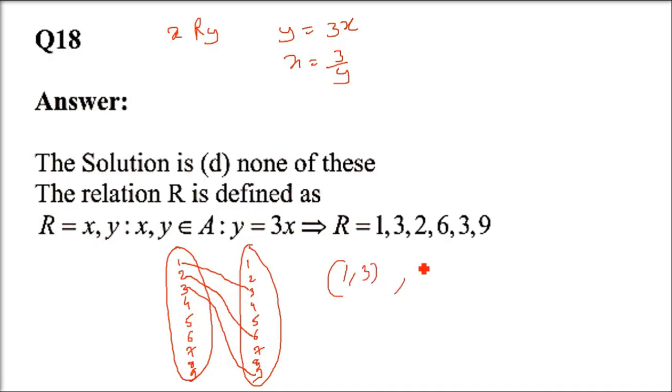So the ordered pairs are 1 comma 3, 2 comma 6, and 3 comma 9. So D is the answer here. D is none of these, because none of the options given in this question correspond to our answer. That is why it is none of these.